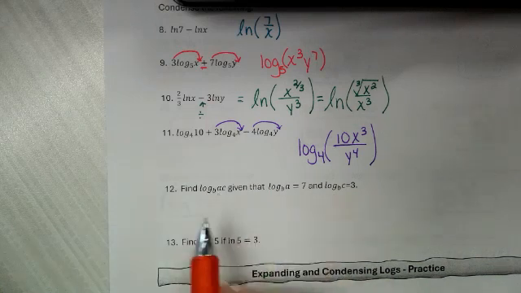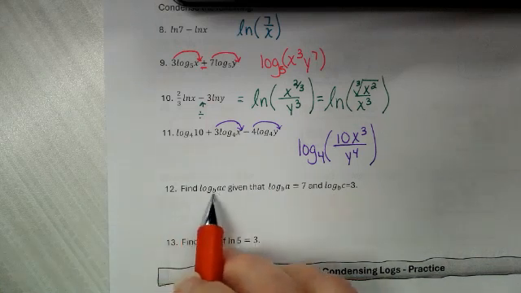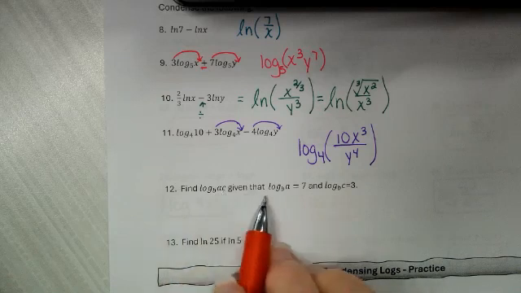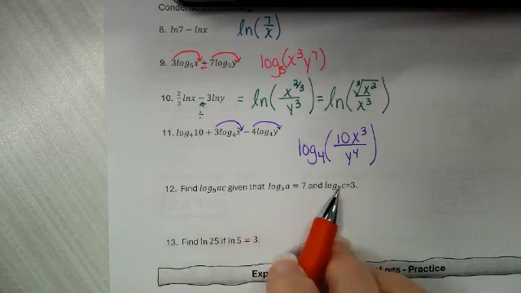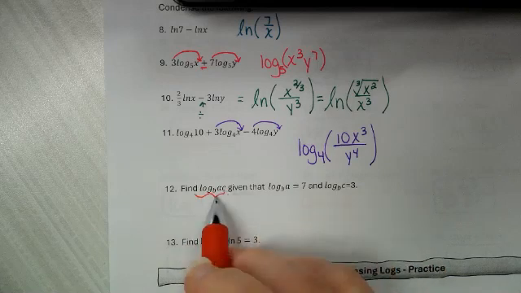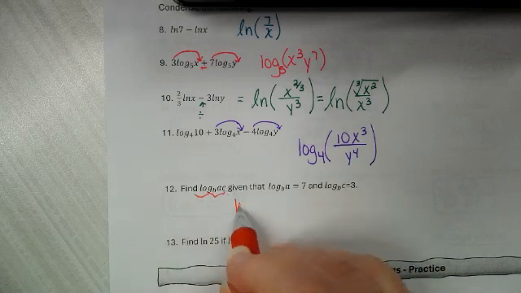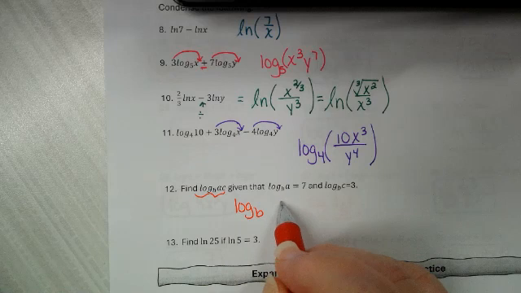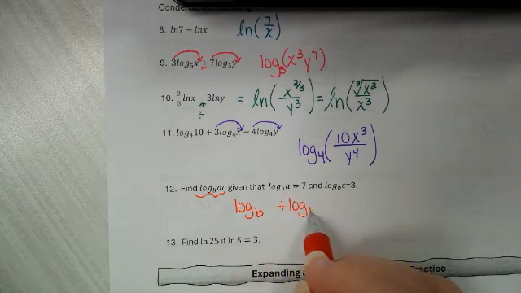Now this one's interesting. Find the log base b of AC if I know log base b of a is 7 and log base b of c is 3. So my first thought is, can I expand this into 2 log expressions, log base b plus log base b?